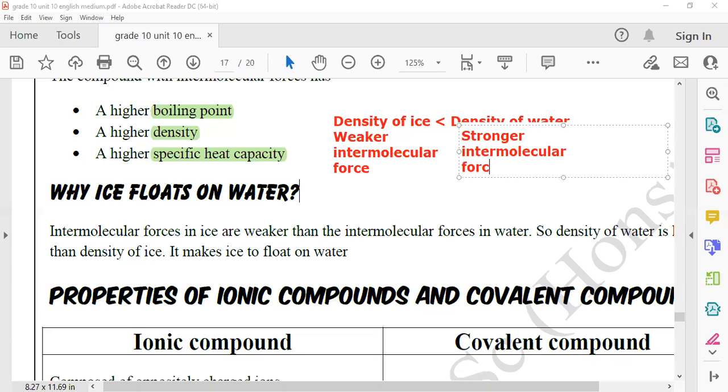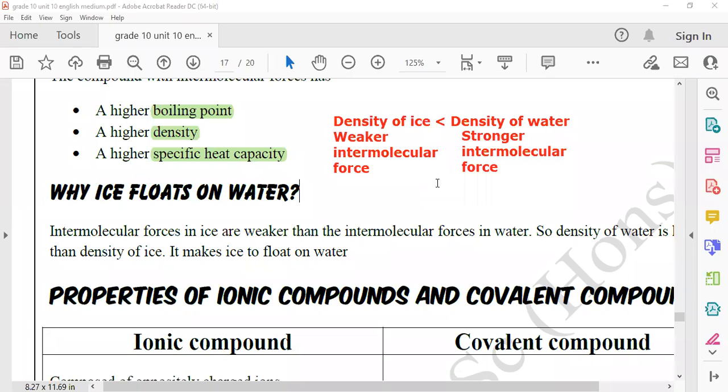Because the intermolecular forces are strong in water, its density is high. Because intermolecular forces are weak in ice, its density is low. Clear? So you can mark this way, that is easy for you, other than the notes.